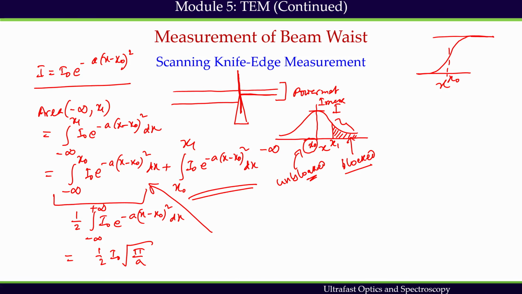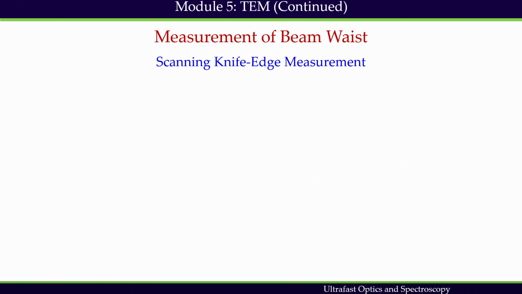In order to find out this area, we have to introduce the error function. To get the error function, we have to consider the normalized Gaussian function, because the error function is related to the normalized Gaussian function. So I will first normalize our Gaussian function e to the power minus a (x minus x naught) square.